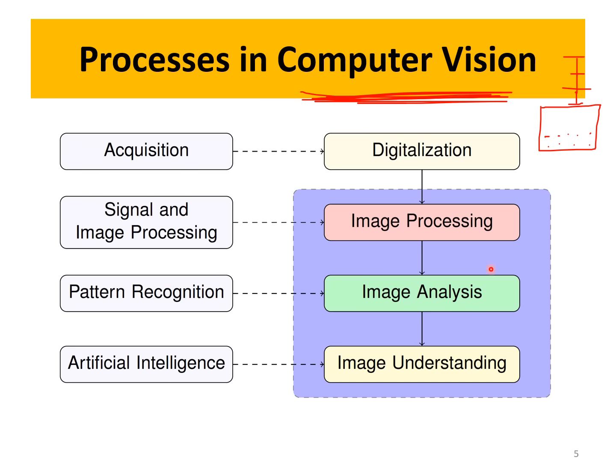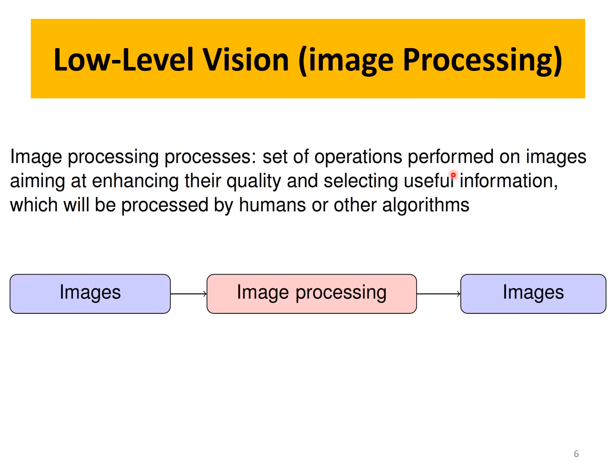And then after the analysis, you need to do image understanding, and that's where AI comes in. And that's how we're going to use it. So digitization, we call it conditioning of the image. Then you do image processing, then image analysis, and then image understanding, and all of these together constitute computer vision. Now here's the thing, we have 3 levels of computer vision or image processing.